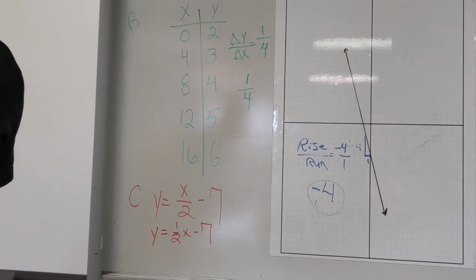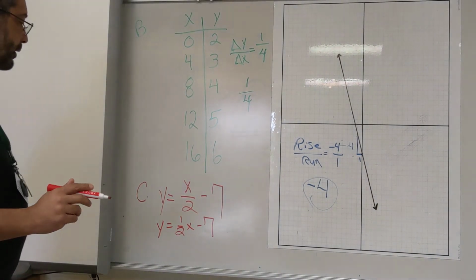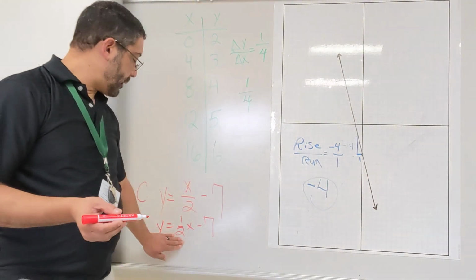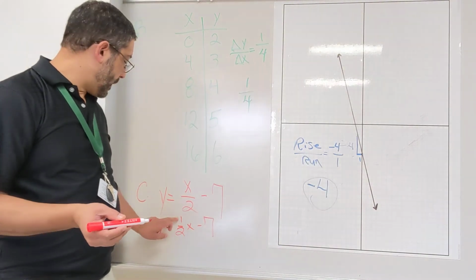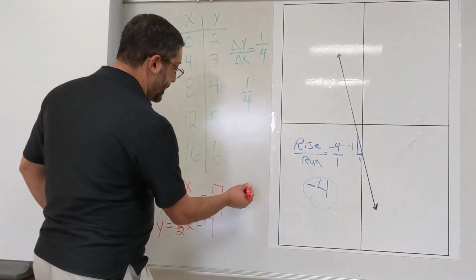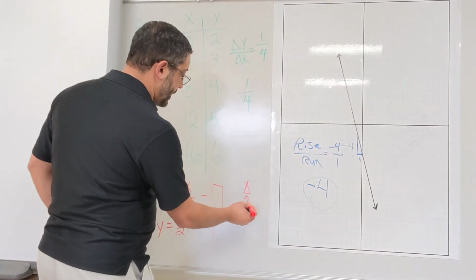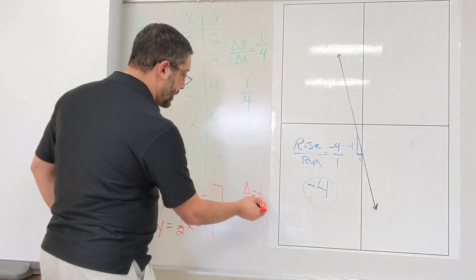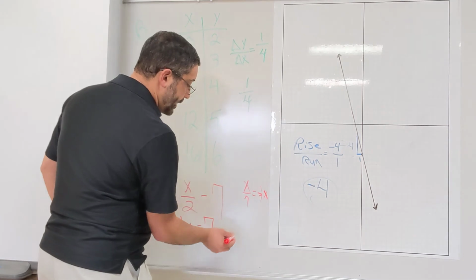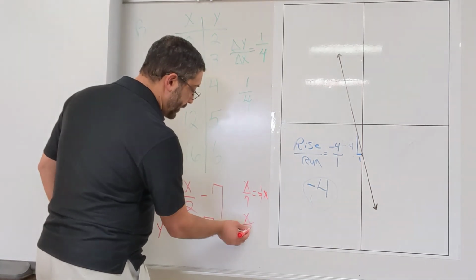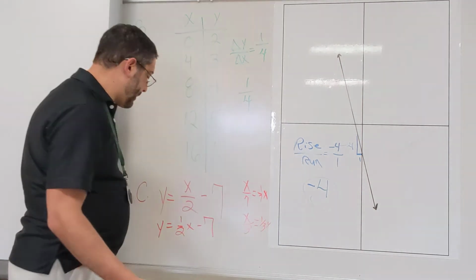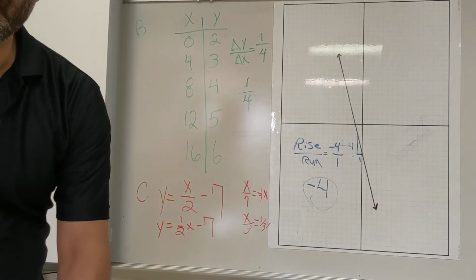So if you see any other problems in this assignment, which there are a few, where you have x over a number, just take whatever number it's over and put a 1 in your numerator and that number in your denominator, okay? So if you get a problem that says x over 7, just think of that as 1/7 x, okay? Or if you see another one that has, for example, x over 3, just think of that as 1/3 x, okay?